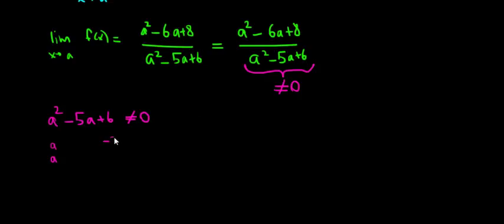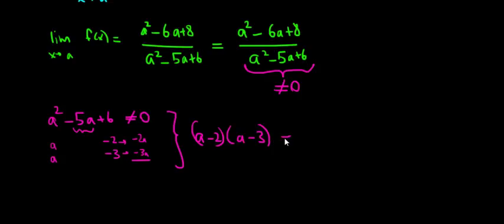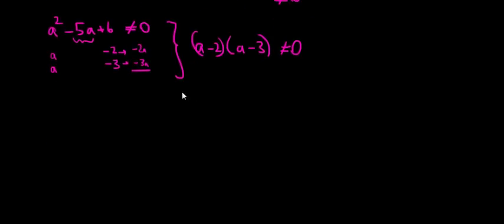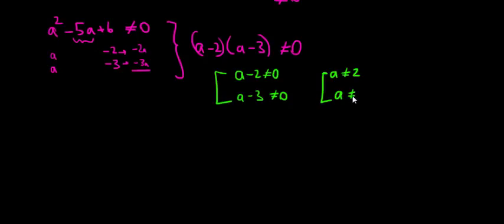If we take minus 2 and minus 3, minus 2 times minus 3 is 6, and minus 2a and minus 3a give minus 5a, which is the middle term. So this equation is just a minus 2 times a minus 3 cannot equal 0. As a result, a minus 2 cannot be 0 and a minus 3 cannot be 0, which means that a cannot be 2 and a cannot be 3.